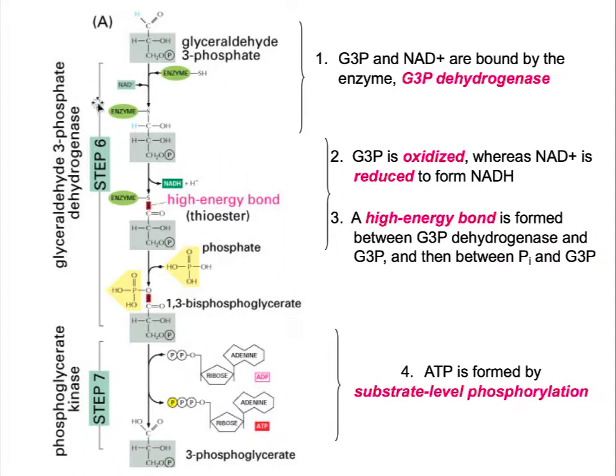So step 6 is responsible for capturing some of the electrons and then transferring them to the energy carrier NAD, making that NADH. And step 7 is responsible for capturing energy stored in the phosphate groups and then passing that on to the ATP carrier molecule.